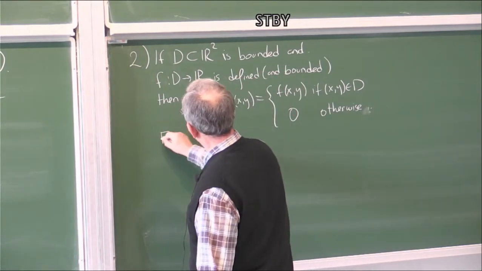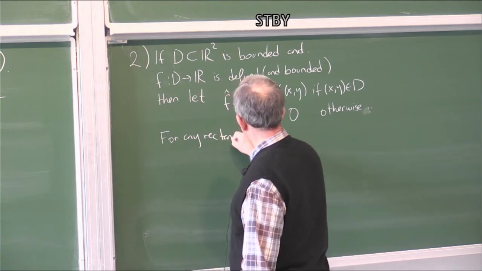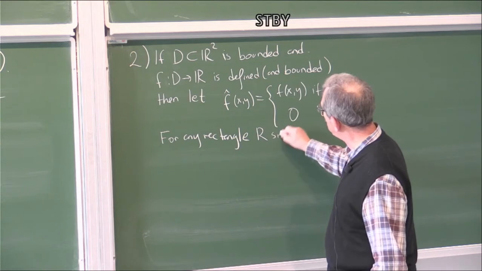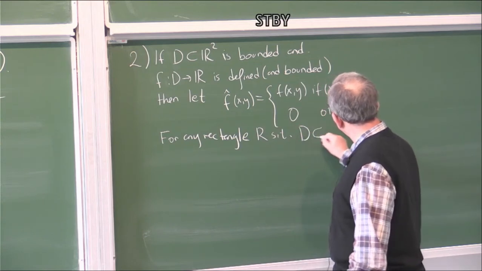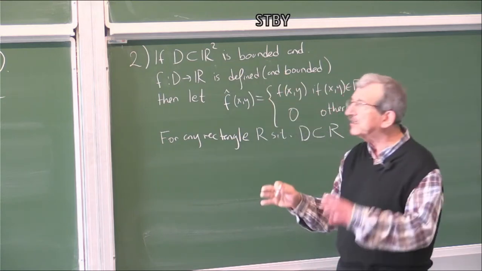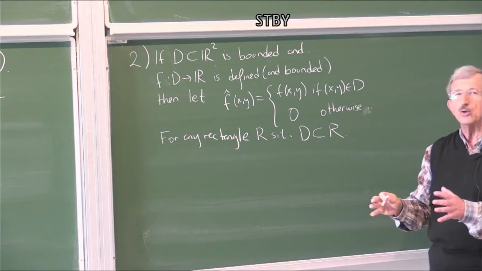Now, for any rectangle R such that D is contained in this R. Obviously, D is a bounded set, so you can put it in a rectangle. It's not important which rectangle you put it in.